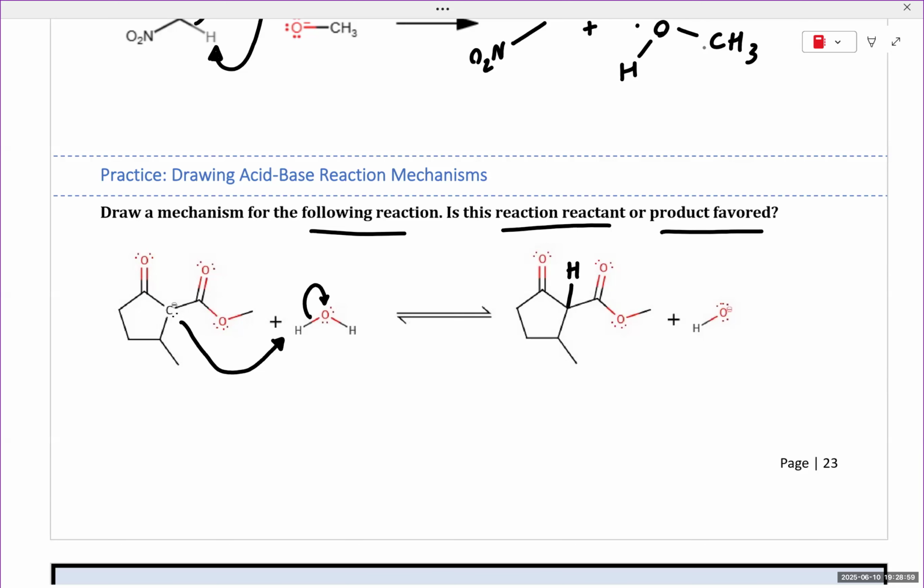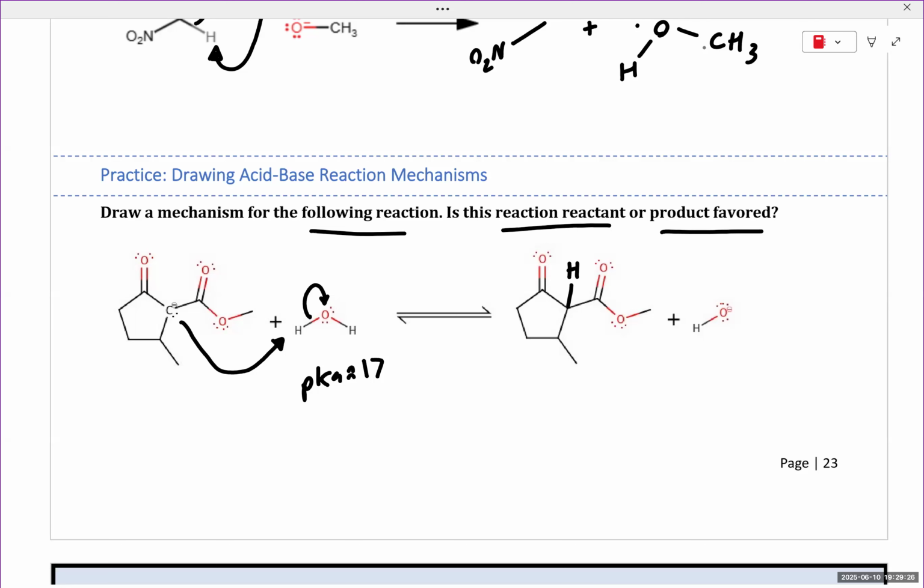So let's now address whether this reaction is reactant or product favored. First and foremost, this alkoxide anion, let's list the pKa values. The parent alcohol has a pKa of somewhere around 17.